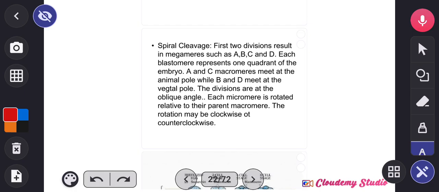So spiral cleavage is a characteristic of protostomes and results in determinate cells. There's something we call determinate cleavage and indeterminate cleavage; we will still get there. Determinate cells are cells whose embryological fate has been determined during the earlier development of the embryo. In other words, determinate cells are programmed early to become a specific cell, which means if you look at them, you would know what they will become.